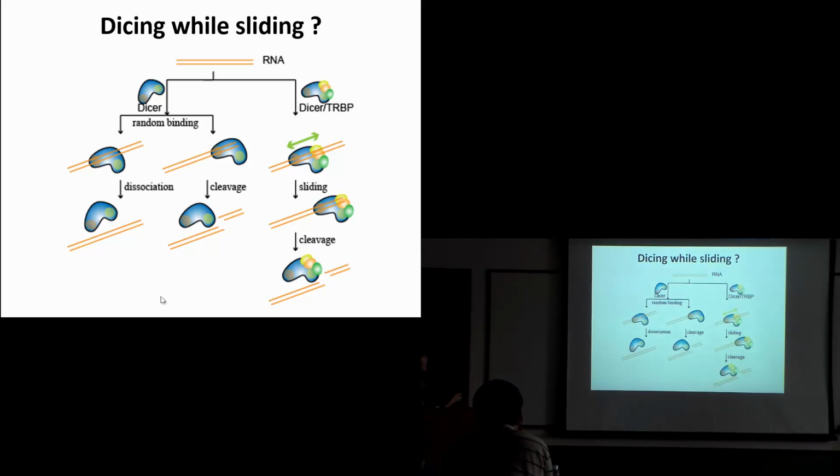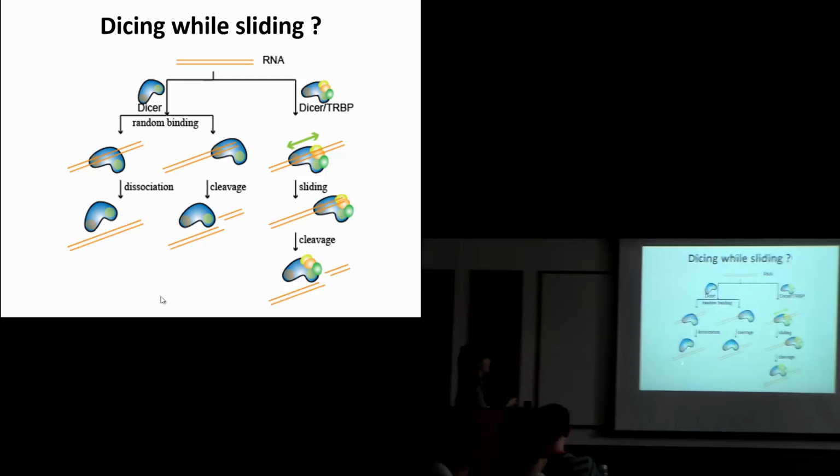Based on this model, we came up with this idea that Dicer by itself, without the cofactor, can only bind. Dicer itself cannot slide. So when it's lucky enough to bind at the cleavage site, it can cut. However, if it binds anywhere else, its binding would not be productive, so it has to dissociate.